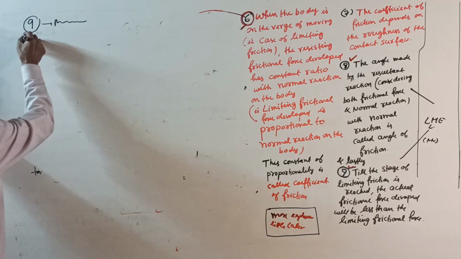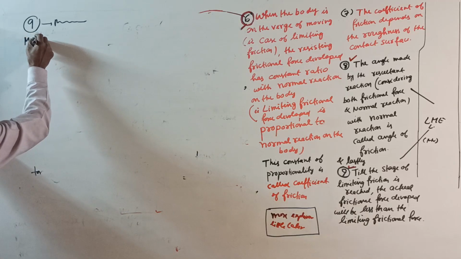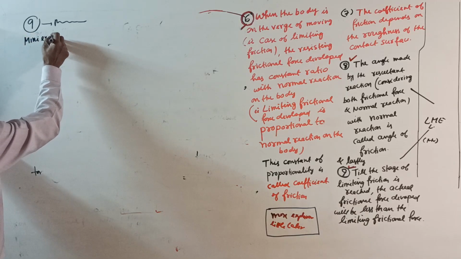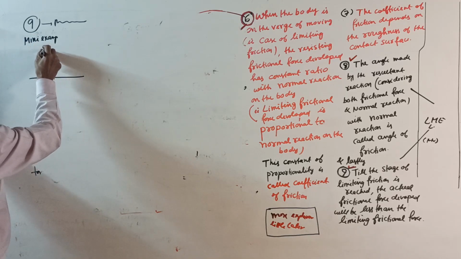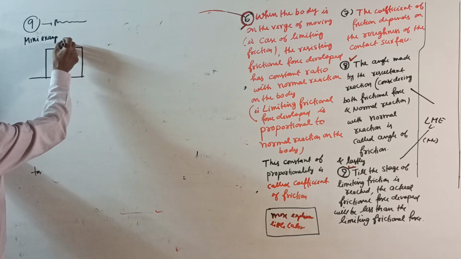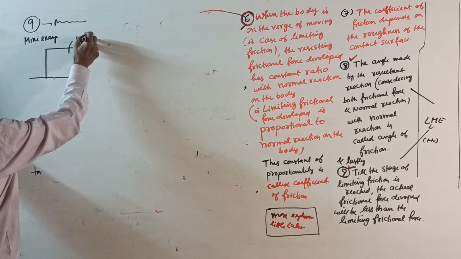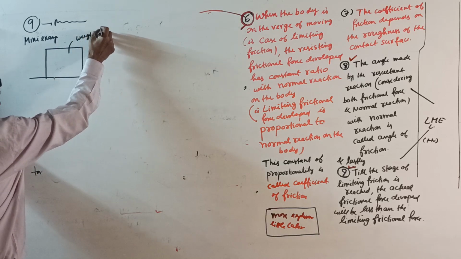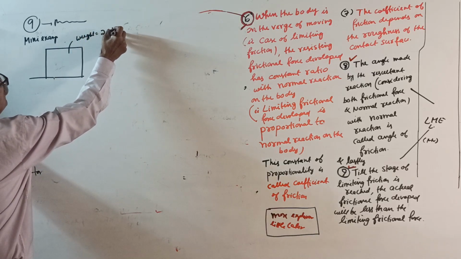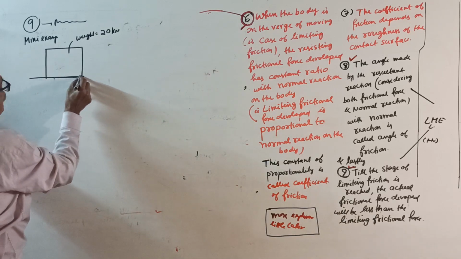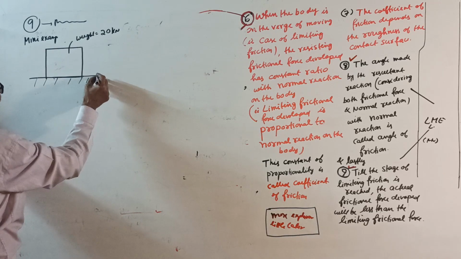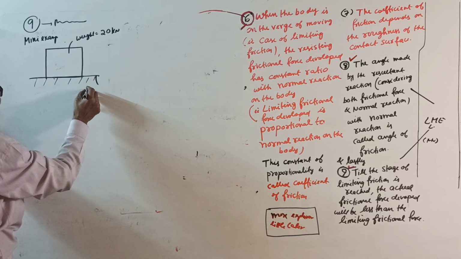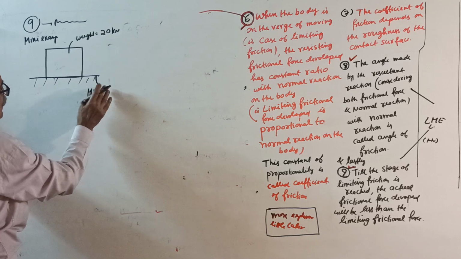See, one mini example here. Consider a body of weight, say 20 kilonewton, a heavy load, resting on a rough horizontal surface. For the surface, mu, the coefficient of friction, is given in the question.